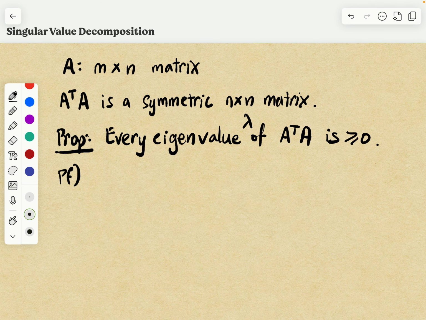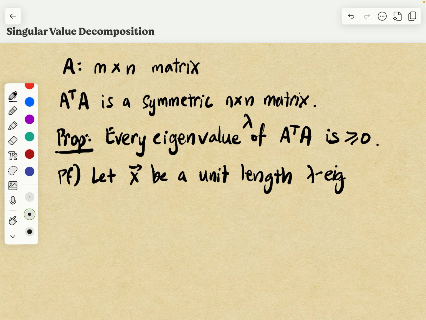So lambda is an eigenvalue, so therefore there's some unit eigenvector, right? You just take any eigenvector with eigenvalue lambda and divide by its length. So let x be a unit length lambda eigenvector of A transpose A. Now notice that A itself is not necessarily square, right?